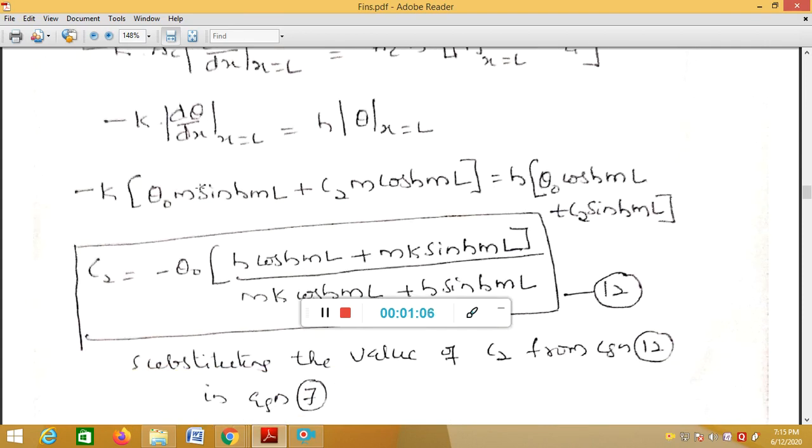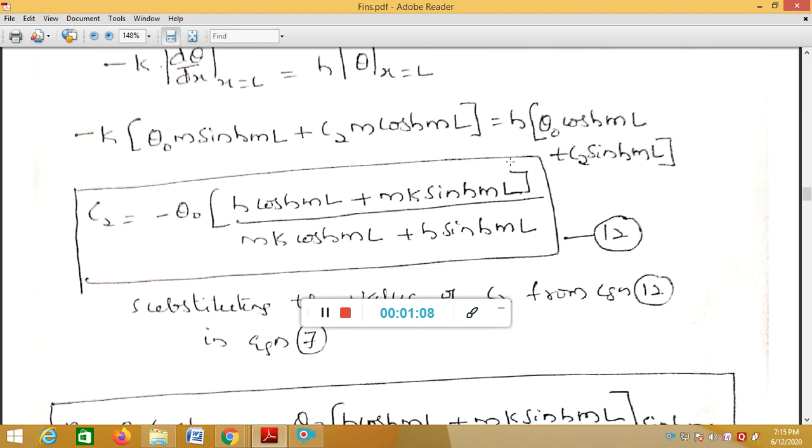Substituting these values from equations 8 and 11 and simplifying, we will get the value of C2. C2 equals minus theta 0 (h cosh mL plus mk sinh mL) divided by (mk cosh mL plus h sinh mL), equation number 12.